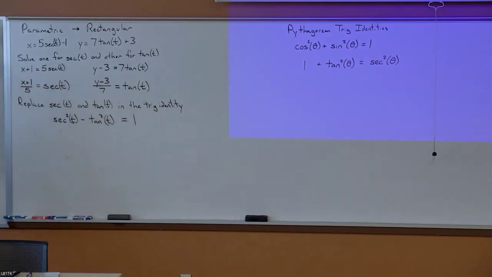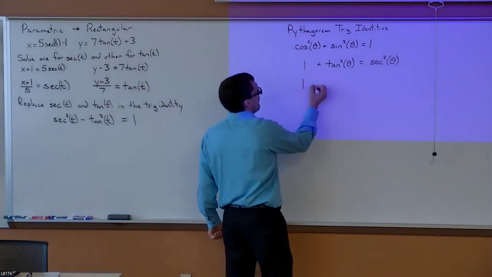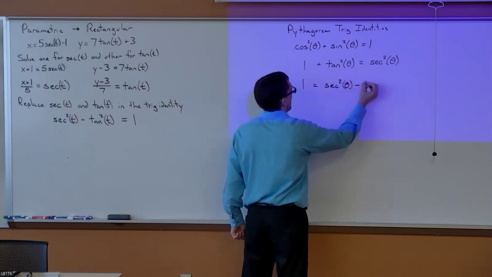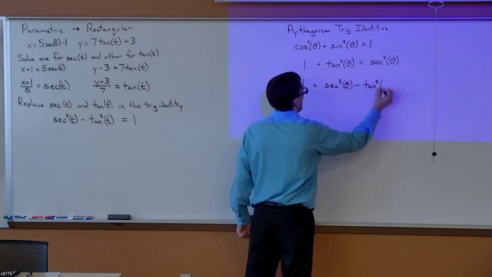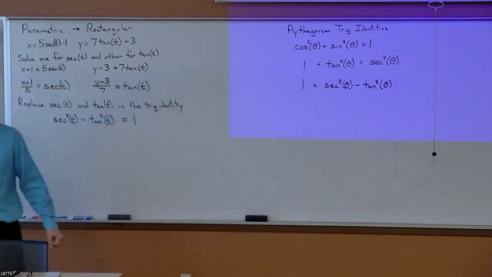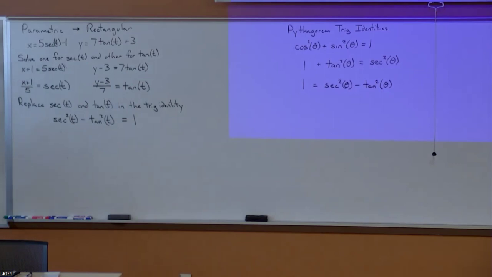And if I do that, I get secant squared minus tangent squared is equal to 1. That's not something you absolutely have to do, but it's going to make sense when you do your substitution.